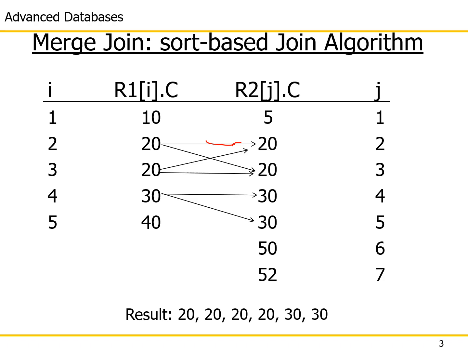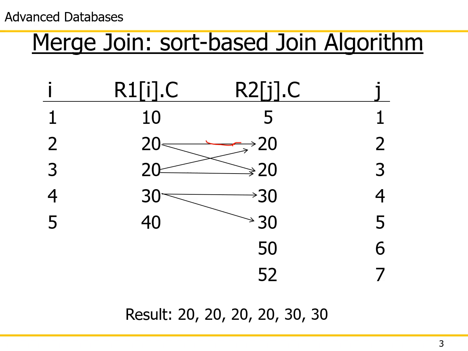As long as I and j are not pointing to similar values, so I will be pointing to 10 at row 1, and j will be pointing to 5. These are not the same value. I will advance both.